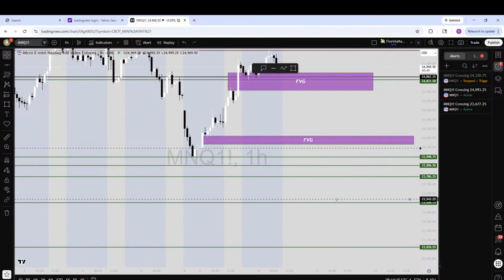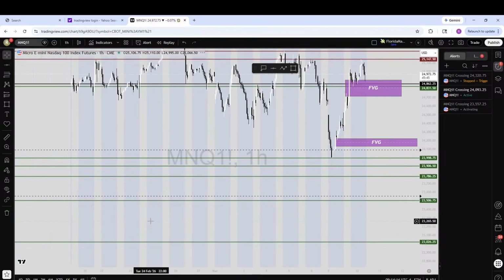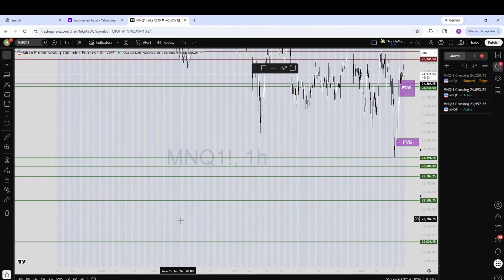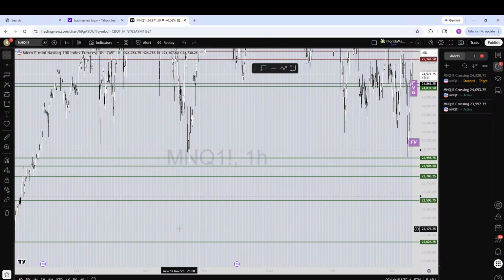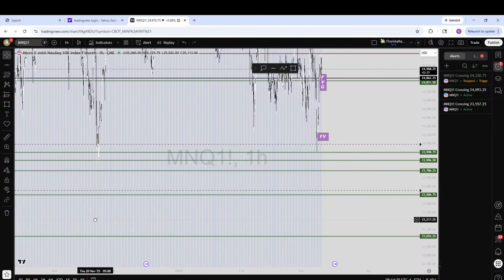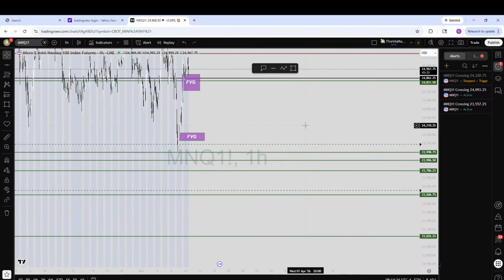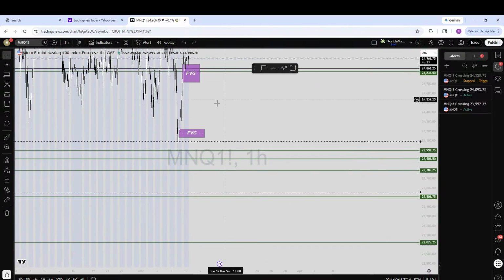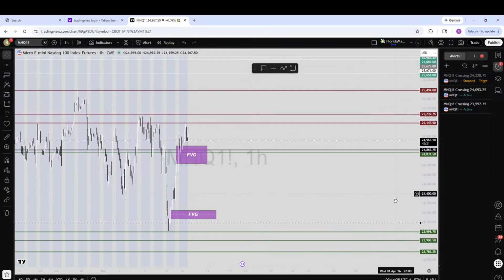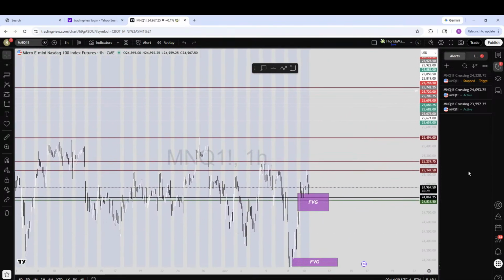Okay. Let me look down here for gaps. Okay, I'm going to leave it when I go to the 15 minutes. Let's go up and see if we have gaps.